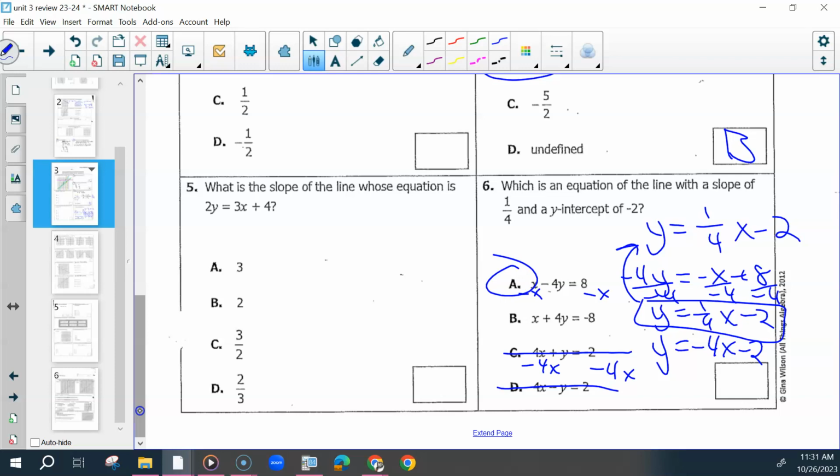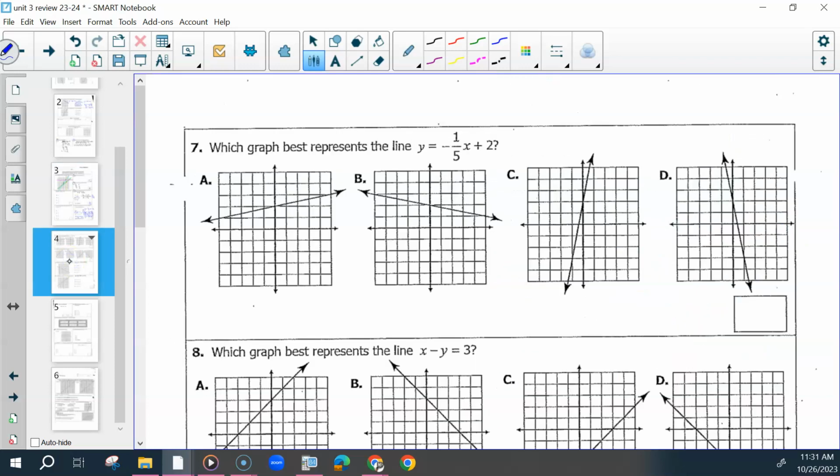Questions on this page? If none, go on to the next one.